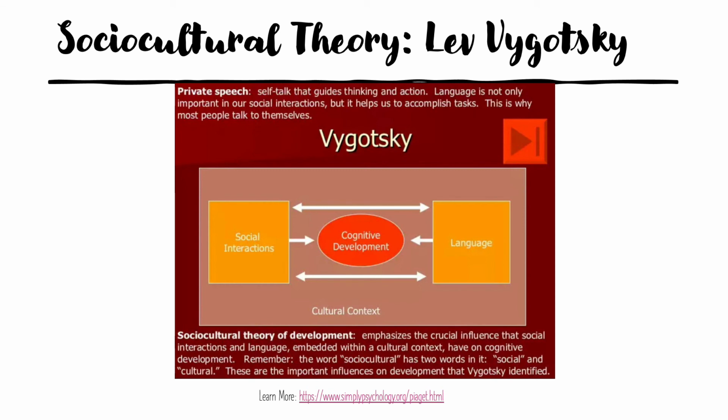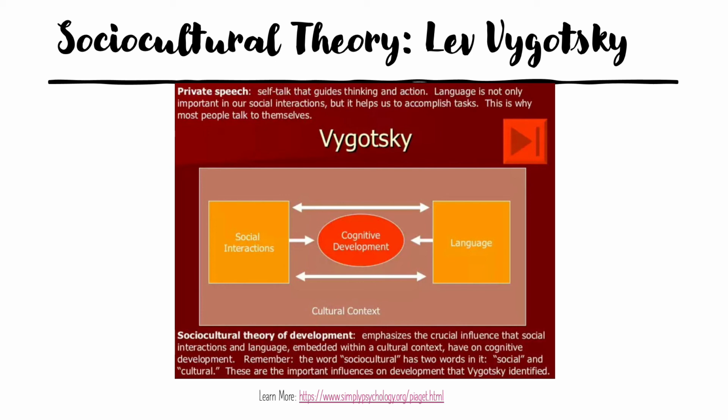Social cultural theory stresses the role of children being actively engaged with the environment. While we learn through social engagement, that engagement is in a cultural context. Let me repeat that.